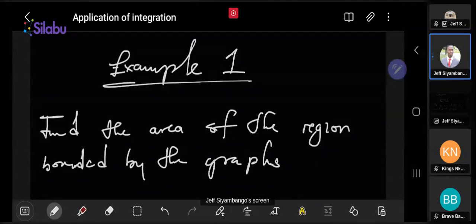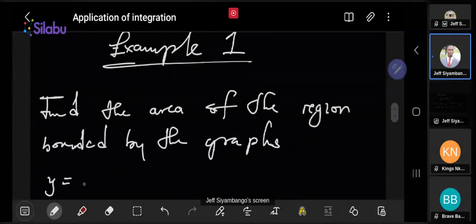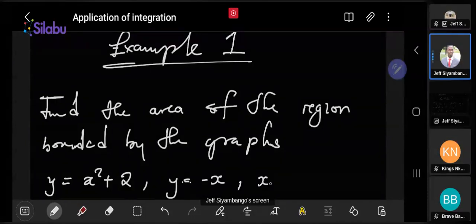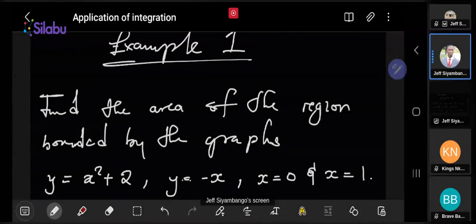So let's look at the graphs. y is equals to x squared plus 2, y is equals to minus x, and x is equals to 0, and lastly, x is equals to 1. So let's look at this one.